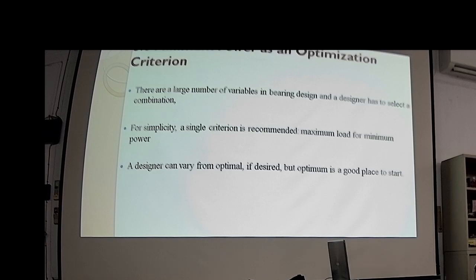So then for the design for hydrostatic bearing, we have objective function, how we can design our bearing. So this is one of the criteria. So if you want to have minimum power consumption for the hydrostatic bearing and the design constraint. So here are some of the discussions.